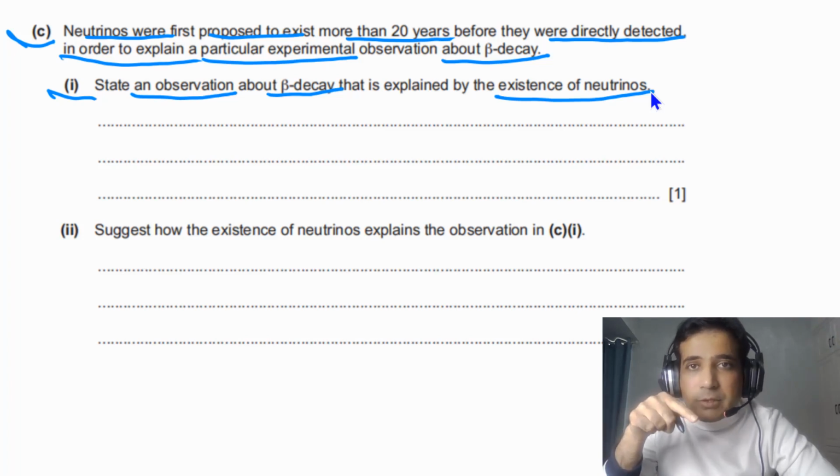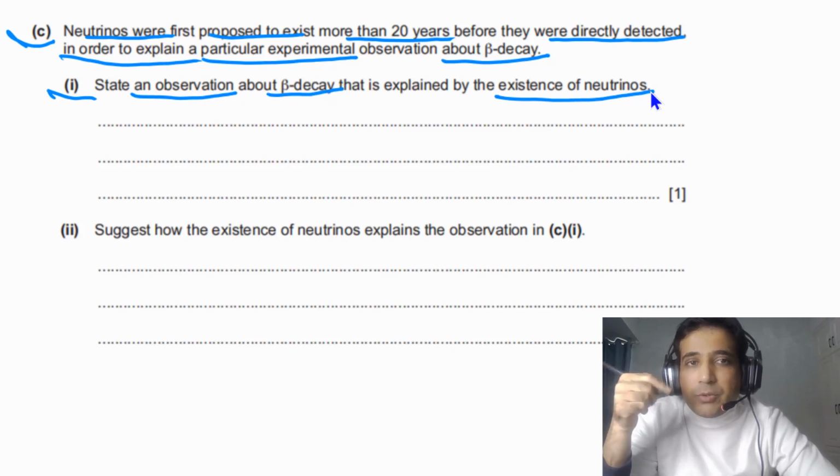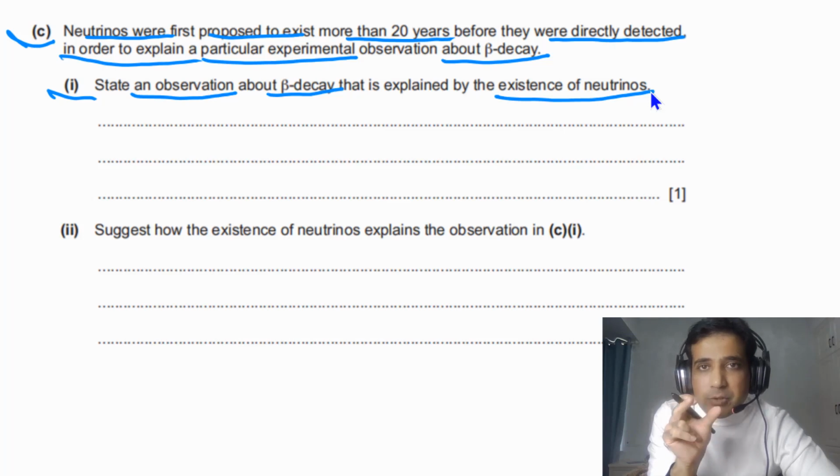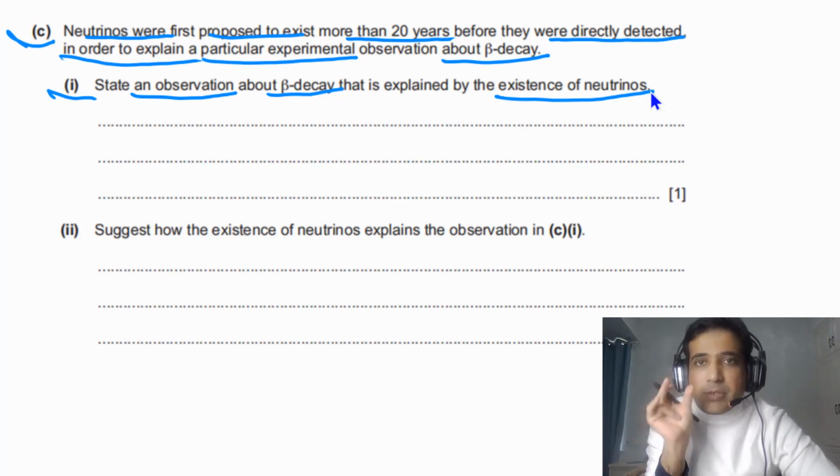From that we concluded that there is possibly another particle sharing kinetic energy with beta particles, and that particle was named neutrino because it should not have any charge. So neutrino simply means neutral particle. So this is how neutrinos were discovered, because beta particles were emitted with a range of kinetic energy, even though neutrinos were not detected by experiments.